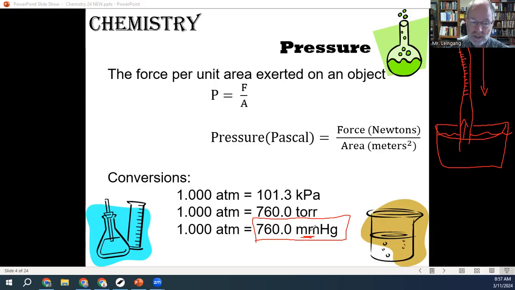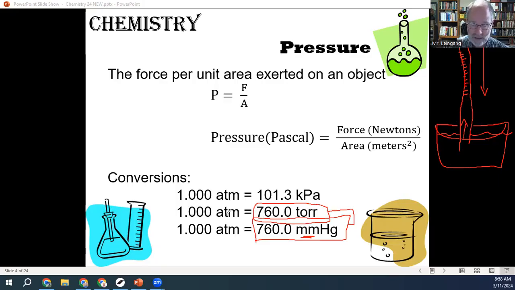In science, we more recently have stopped calling it millimeters of mercury because we no longer measure it like this. We no longer are using mercury. And so we've gone to start calling it torr. A torr and a millimeter of mercury are exactly the same. That's why 760 on both of them is equal to 1 ATM.